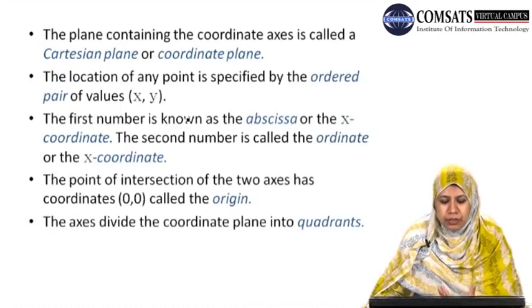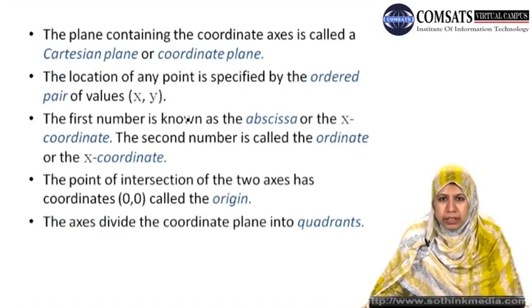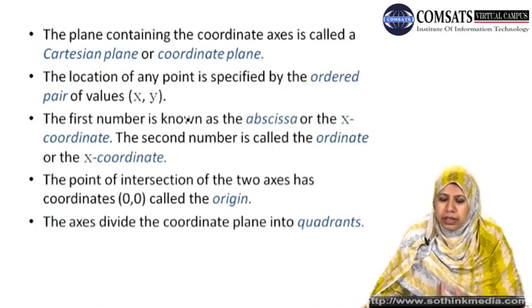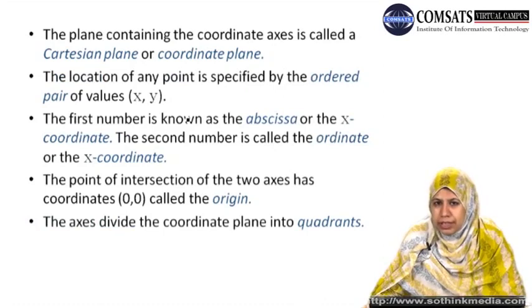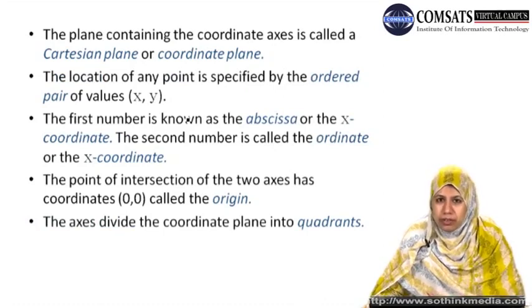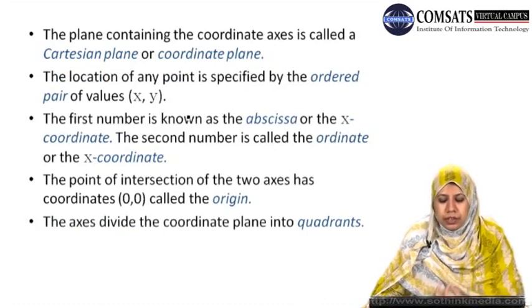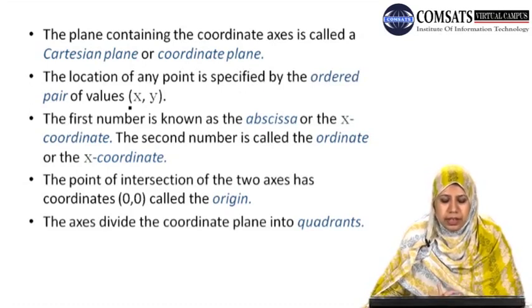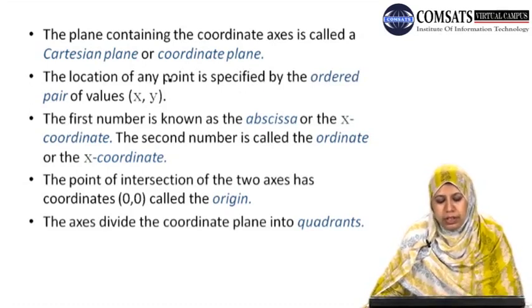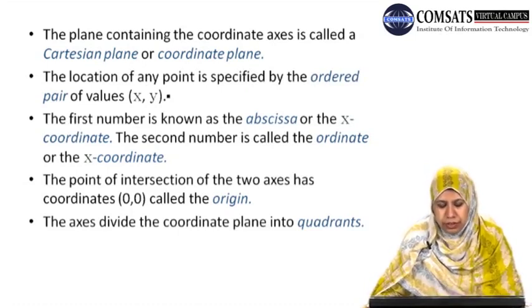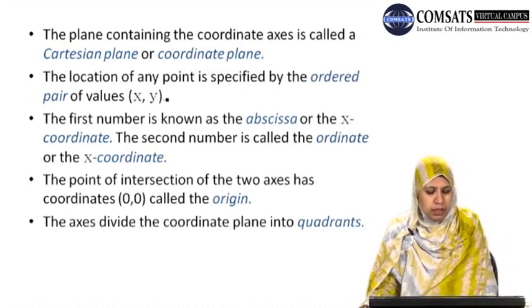If we have a point on our coordinate plane, then it must have some value on the x-axis and some value on the y-axis. So the location of a point is specified by the ordered pair of values x and y, written in round brackets.